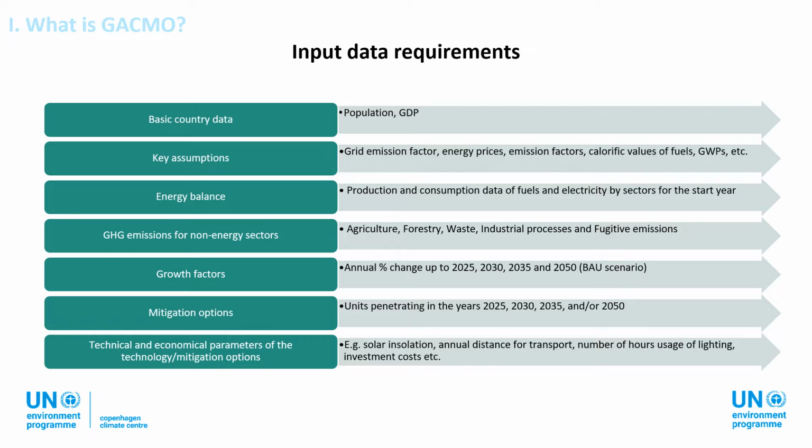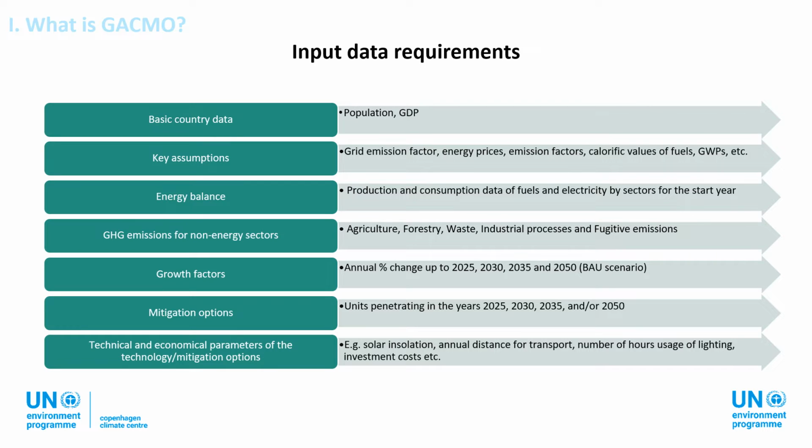It represents production and consumption of fuels by sectors for the start year. Other input data parameters include GHG emissions for non-energy sectors such as agriculture, forestry, waste, and industrial processes. The user also needs to insert data on fugitive emissions and non-CO2 emissions from energy combustion sectors.